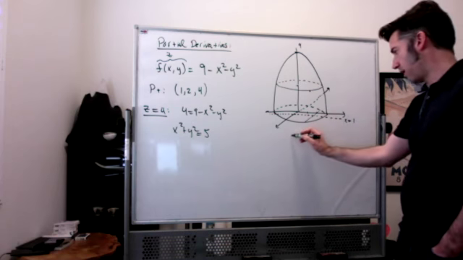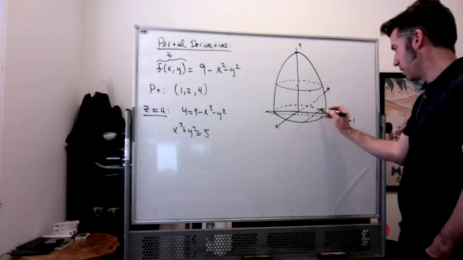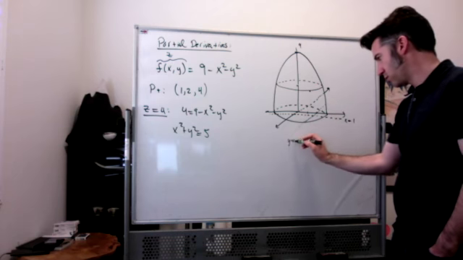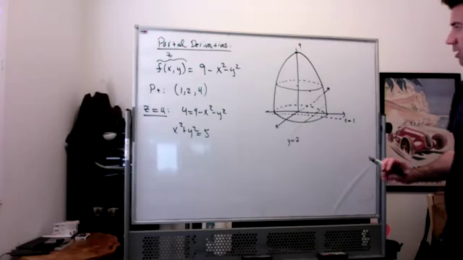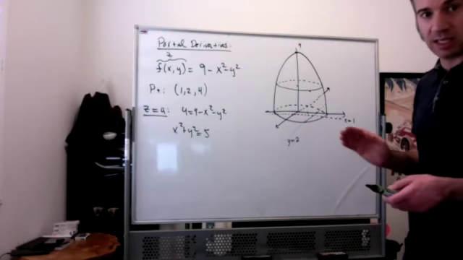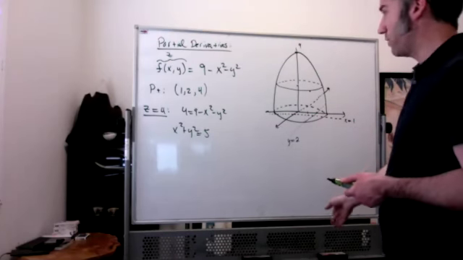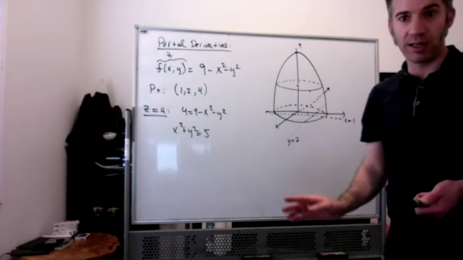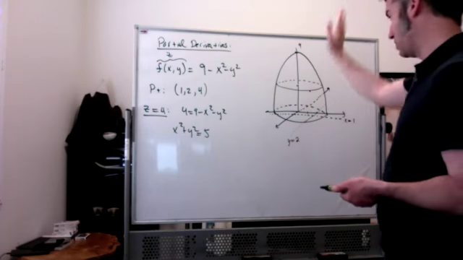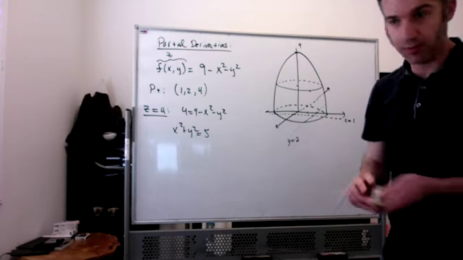And here's the line in the xy plane, y equal to 2. What I want to actually look at is the slice of this surface through the plane y equal to 2.